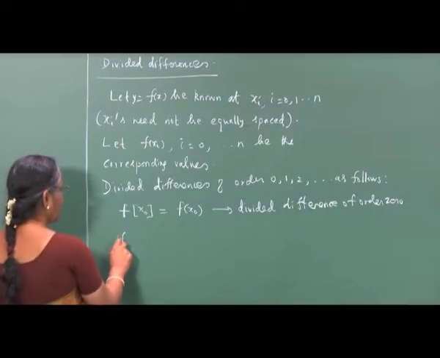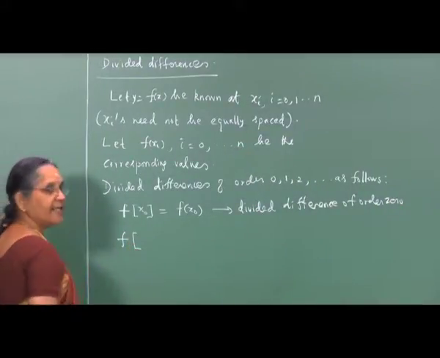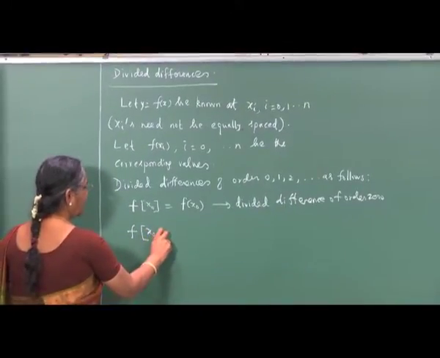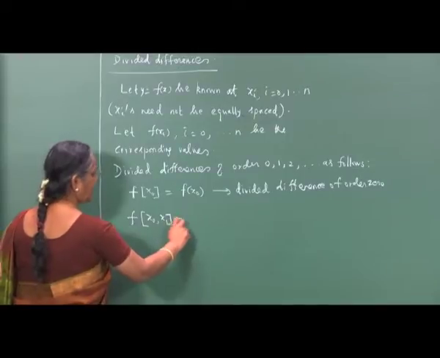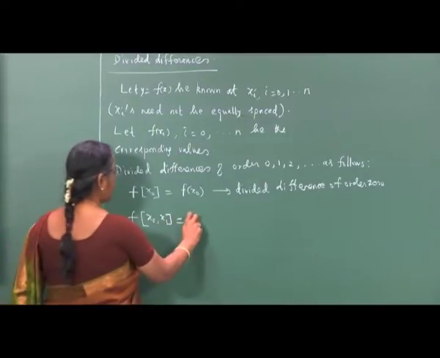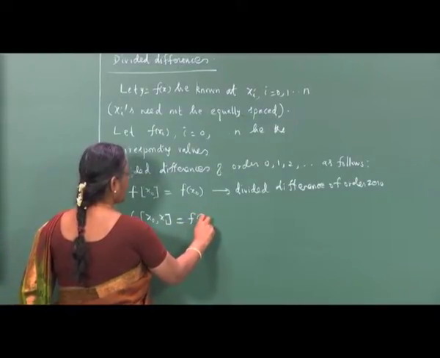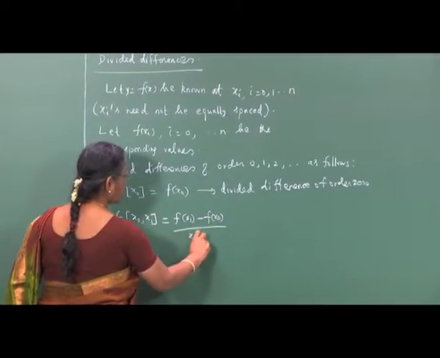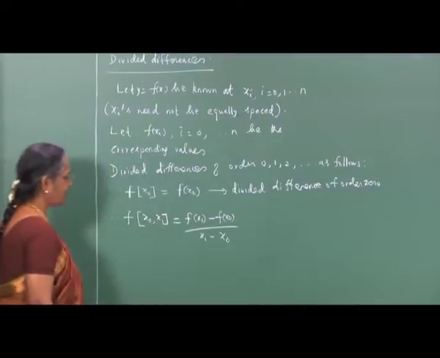And then I introduce a divided difference of order 1 and denote it by f of x naught x1, which is f of x1 minus f of x naught divided by x1 minus x naught.